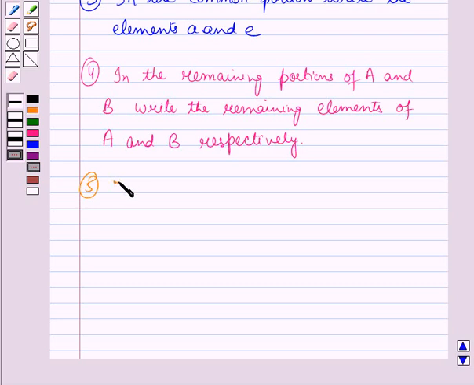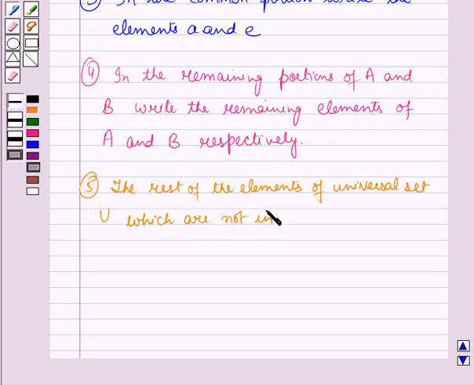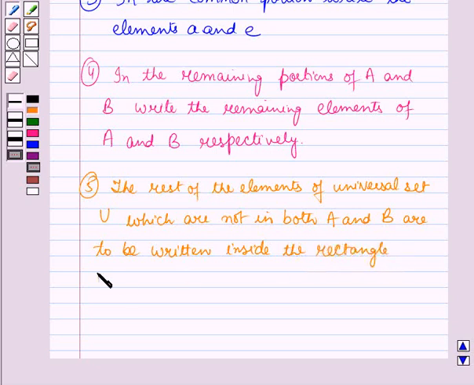And now in the next step, the rest of the elements of the universal set U, which are not in both A and B, are to be written inside the rectangle, but outside the two circles.